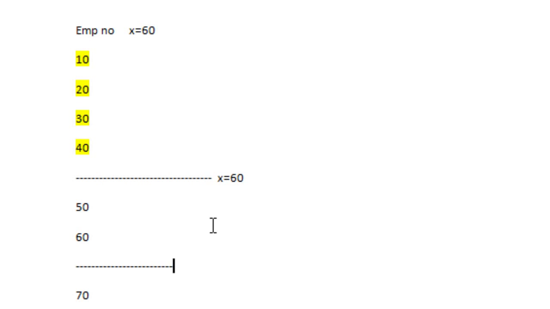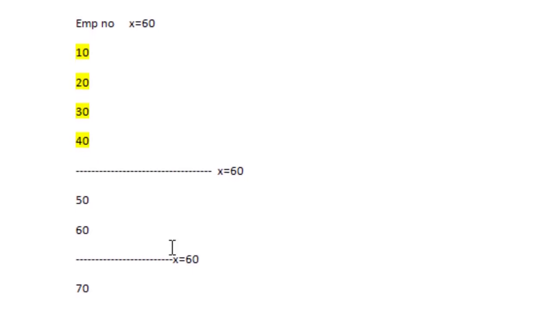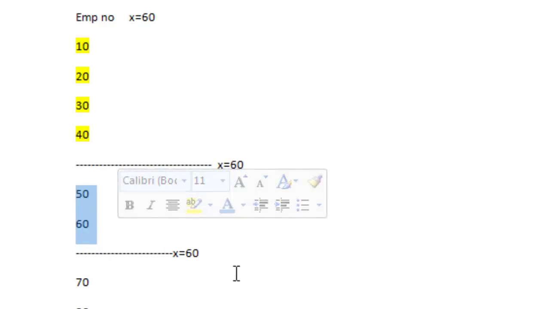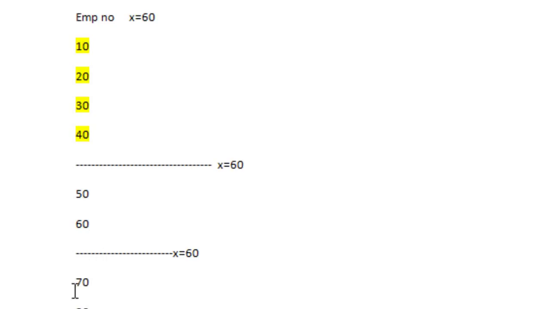Then again it will search whether this 60 lies above or below. We know that it will lie above, so 60 is compared with the above value. Then again this below value is ruled out, again the engine will come here, then again it is divided into half.